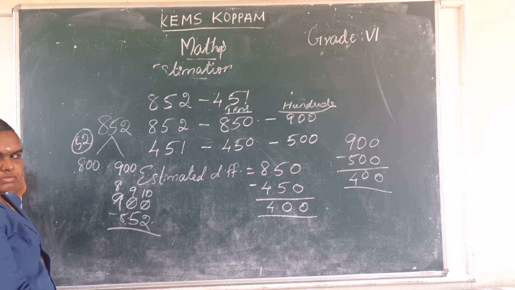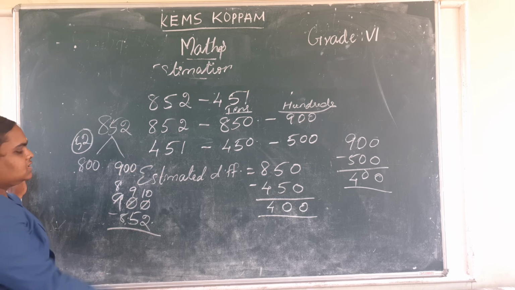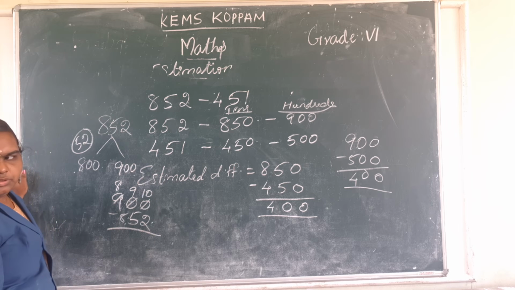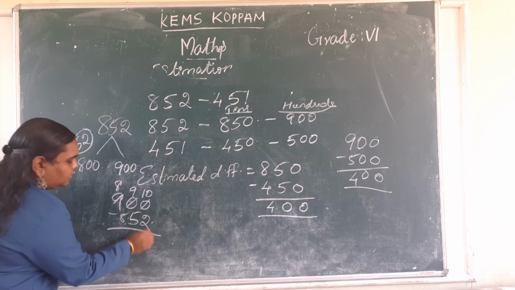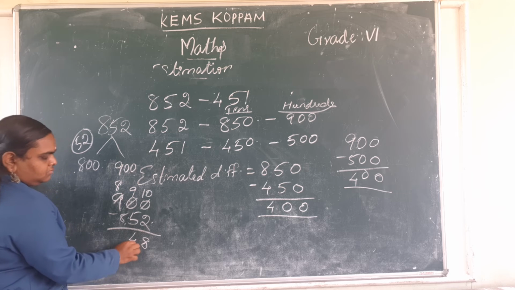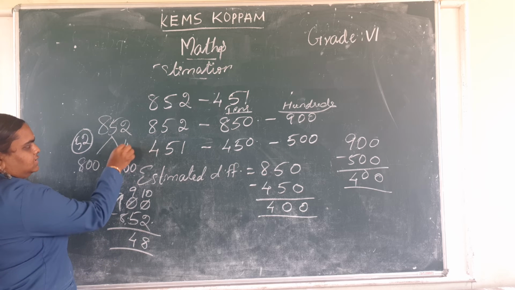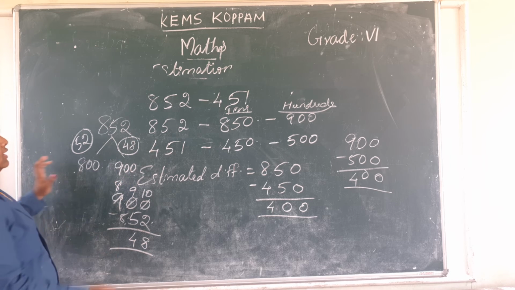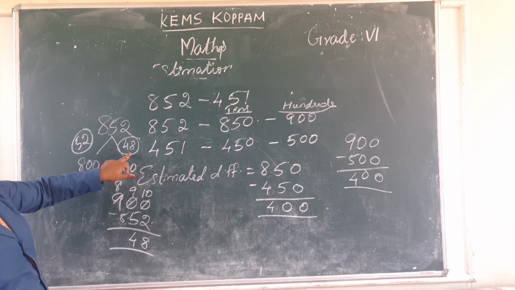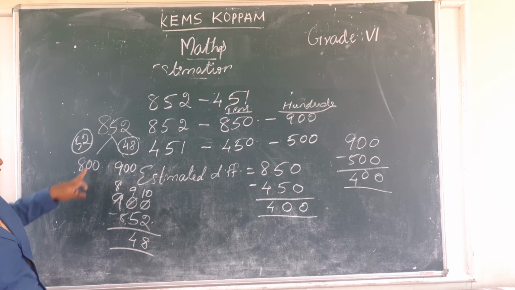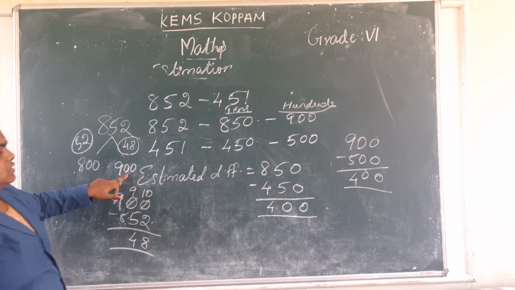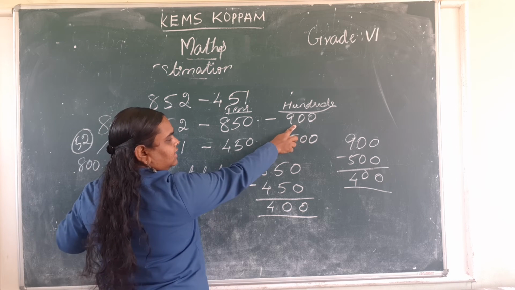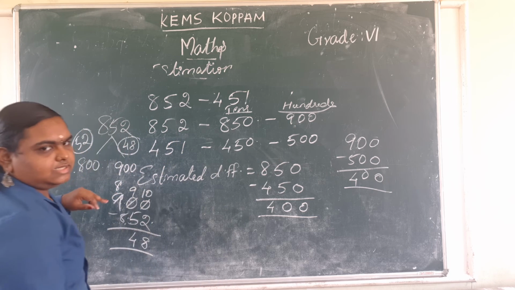You all know how to subtract, I am only writing fast. 10 minus 2 is equal to 8, 9 minus 5 is equal to 4, so 48 is the answer. So the difference is 48 while we are taking hundreds, so I wrote 900 for the hundreds.